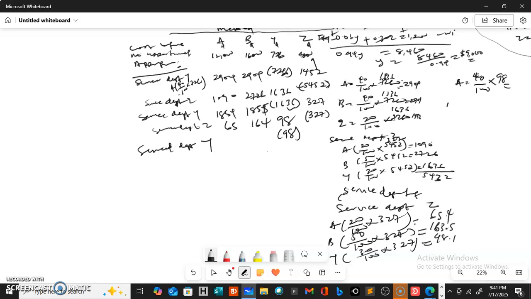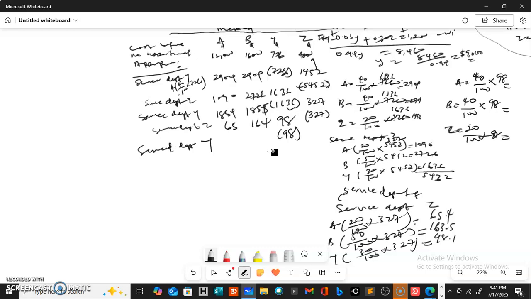B equals 40 over 100 multiplied by 98. Then department Z, that is 20% of the cost, which is 98. So let us multiply that.